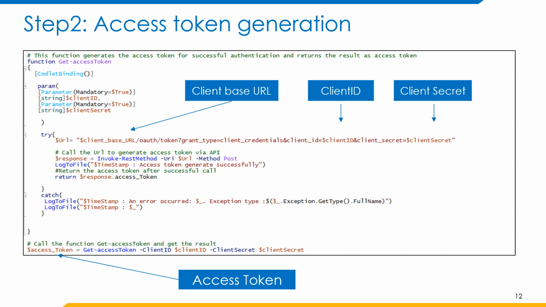Once this API is executed, it will generate the access token and store it in the access token variable. As you can see in this slide, the same access token we can use for the next API called search API. Let us see the third step, search API, in the next slide.